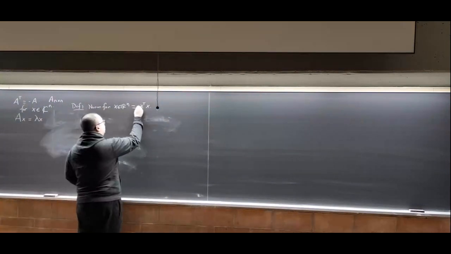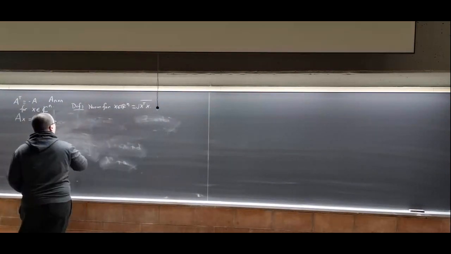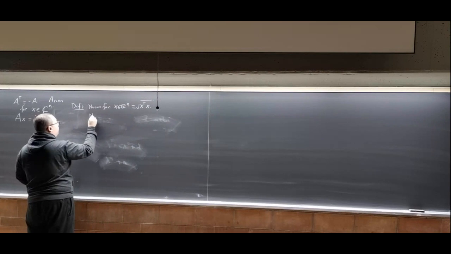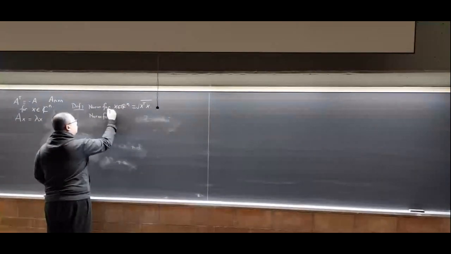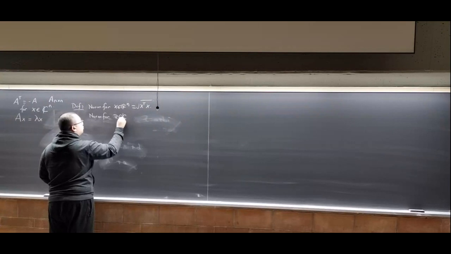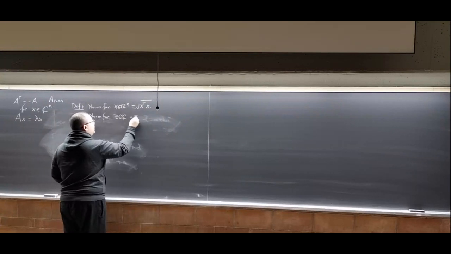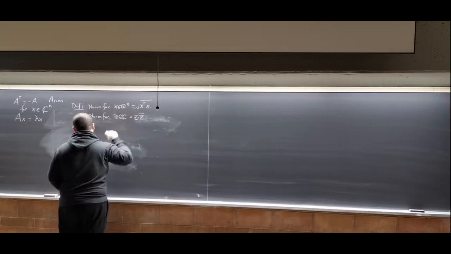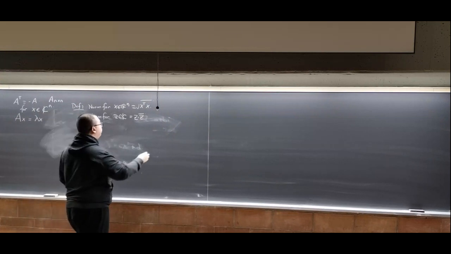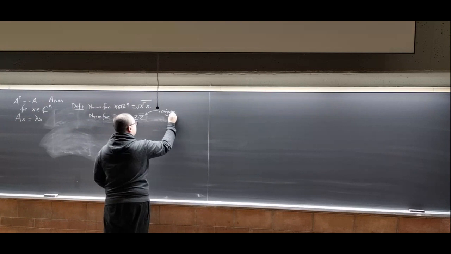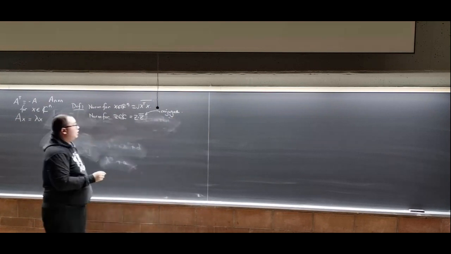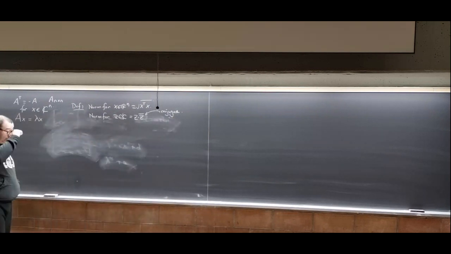Well, square root, but that doesn't matter. And we also know that the norm for a complex number equals z times z bar, where z bar is the conjugate. We know that these two are true.